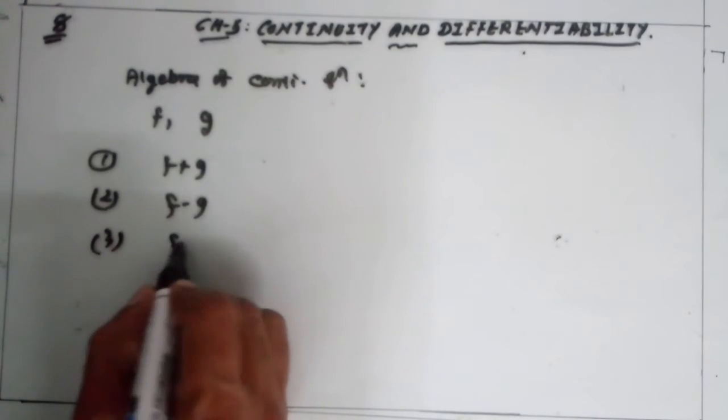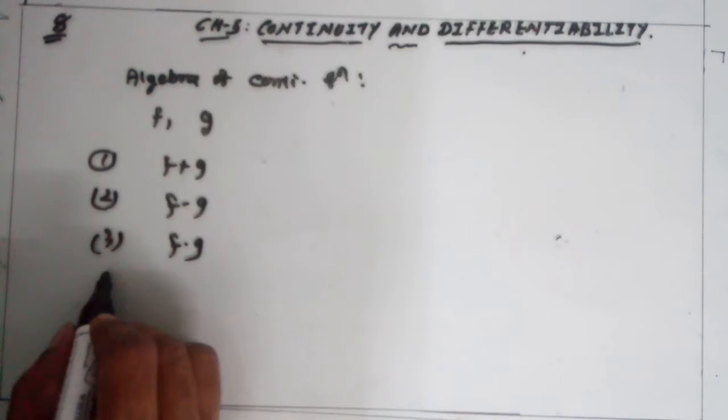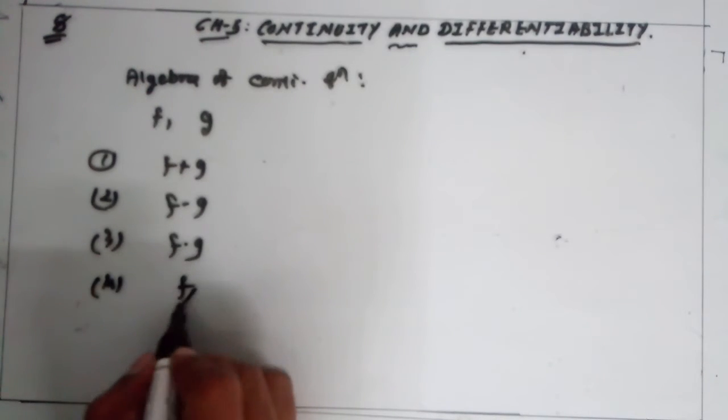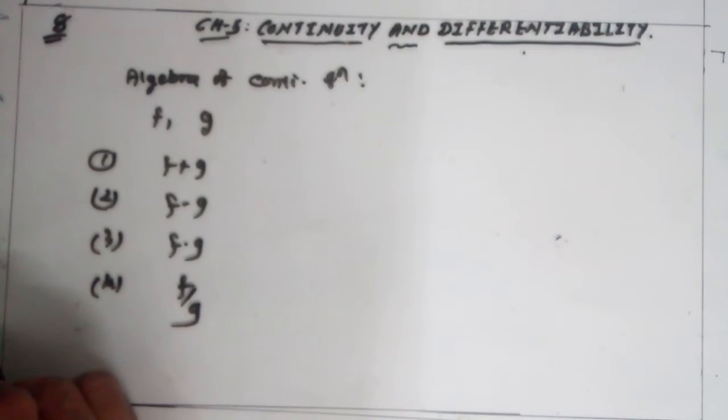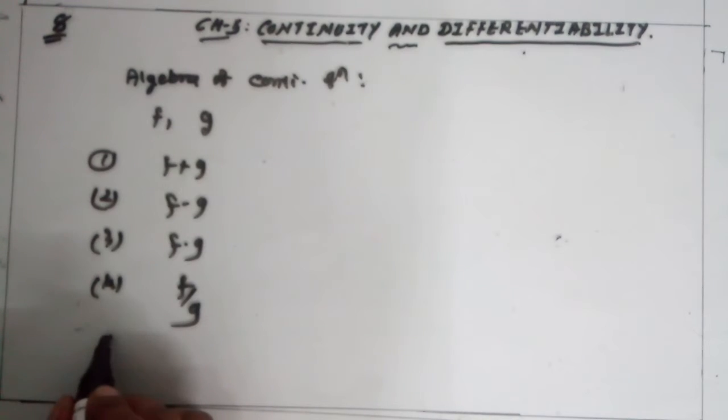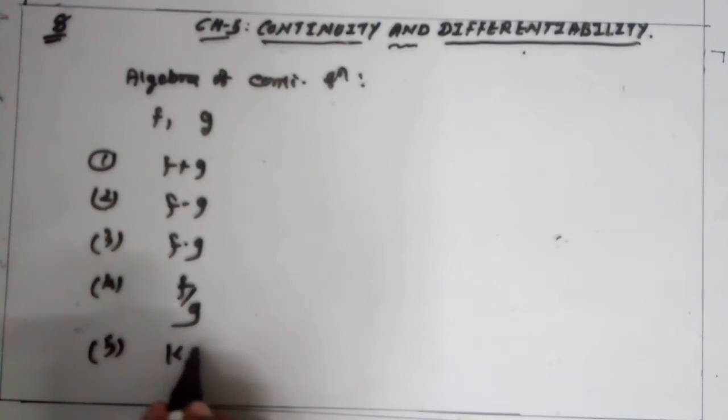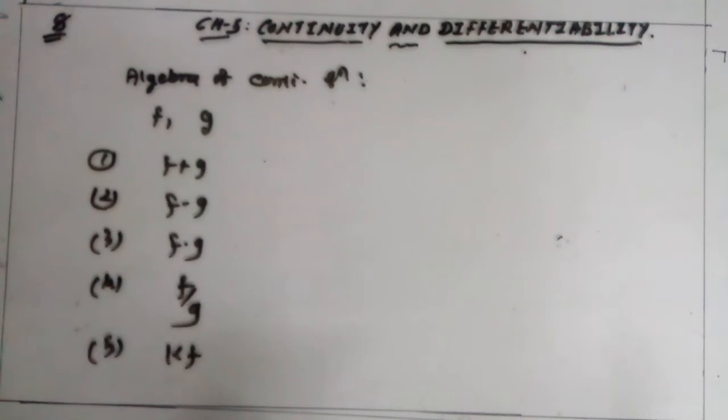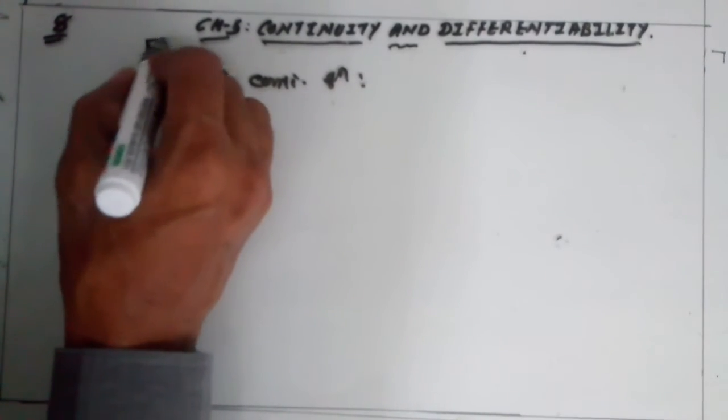Number 3, f into g is also continuous. Number 4, f upon g is also continuous. Clear? And number 5, k into f is also continuous. Okay? Now here we solve some questions of exercise 5.1.